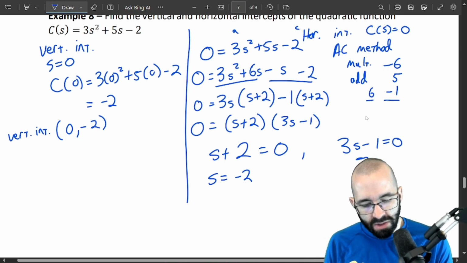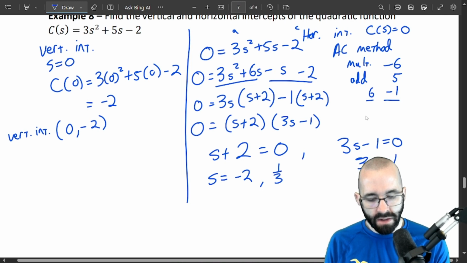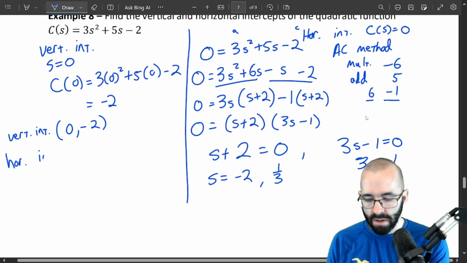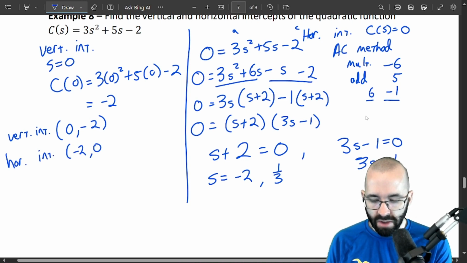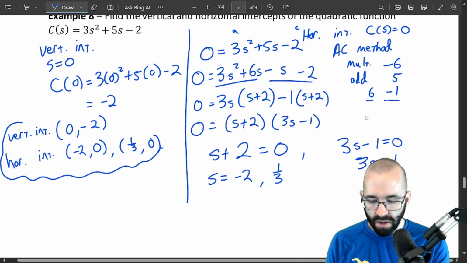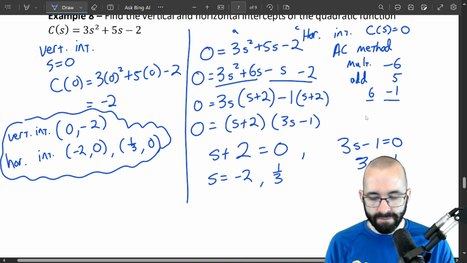The second equation is when 3s is equal to positive 1. That's going to be when s is 1/3. So these are our horizontal intercepts. An input of negative 2, an output of 0, and an input of 1/3, and again an output of 0. That's what our intercepts look like here.